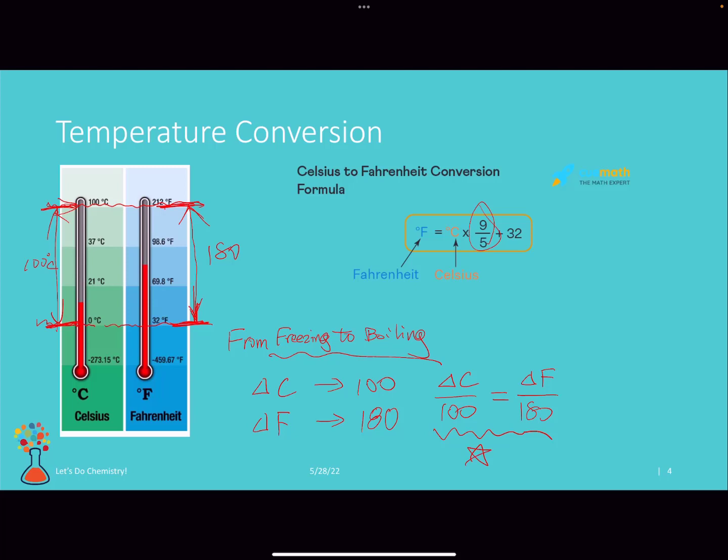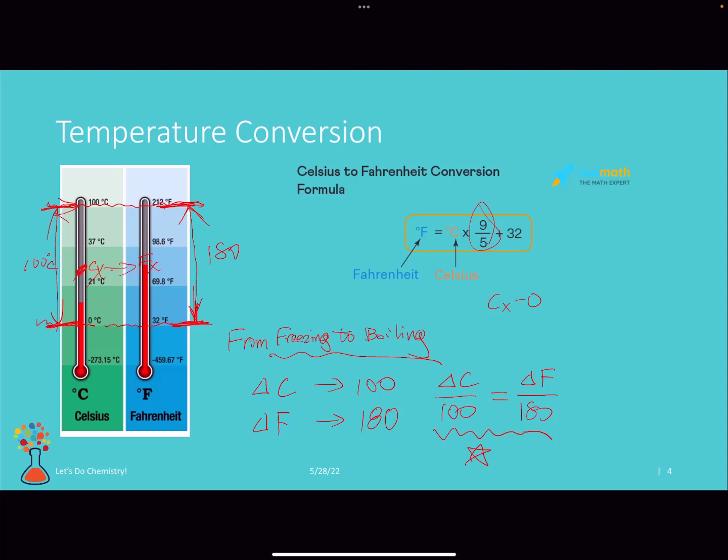Let's see, we want to figure out what the temperature is right here, any temperature, if you can convert it to F. So this is C, or Cx, and this is to convert to Fx. What we need to do is to figure out delta C, the change of temperature in Celsius degree, which is Cx minus 0.